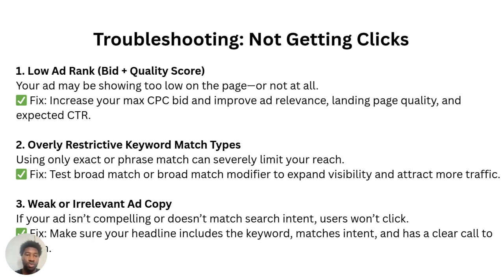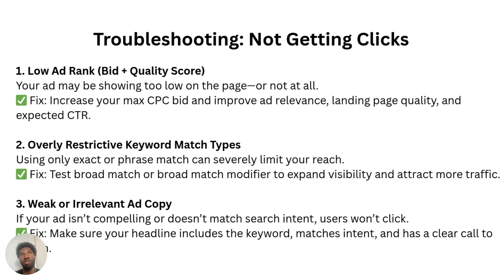Okay. And so you really want to increase your quality score and your bid in order to be on the top of the page. So what you can do is increase your max CPC bid and improve your ad relevance, and that's your landing page quality. That way people actually want to click on your ad. Okay.